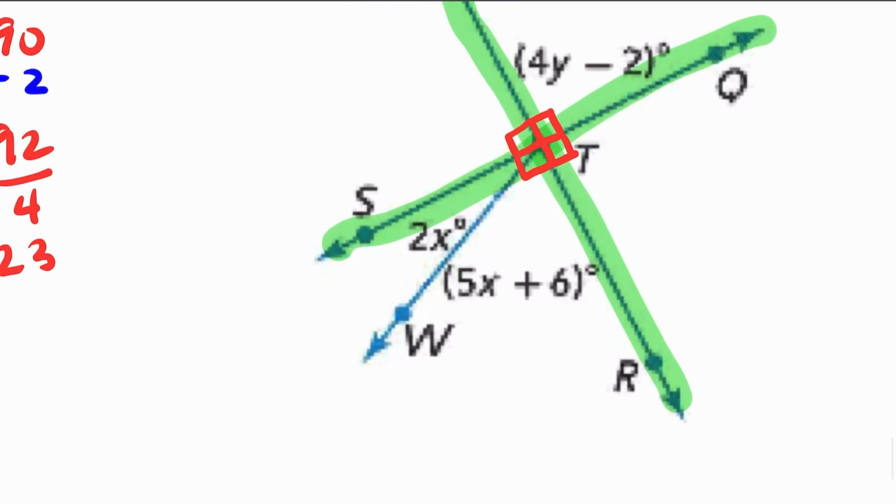So, y'all, we have this angle being 2x, and this angle here is 5x plus 6. If we add up these two angles, well, these two angles are complementary to each other. They add up to 90 degrees, right?